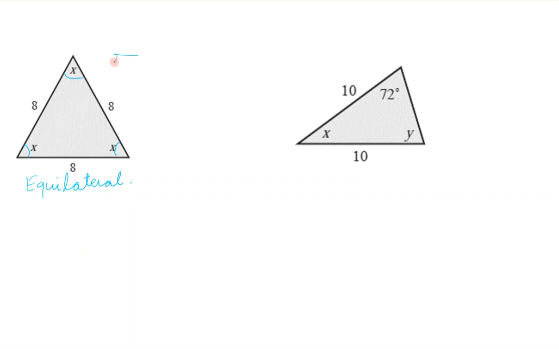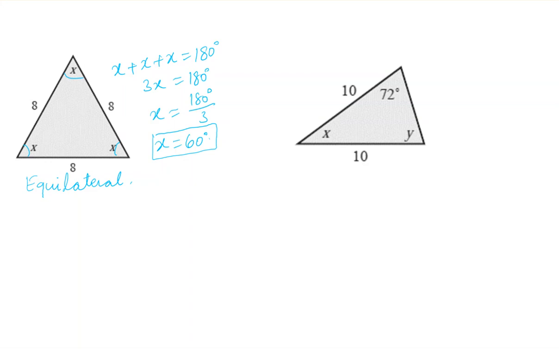So we get x plus x plus x is equal to 180 degrees, so 3x is equal to 180 degrees. Dividing both sides by 3, we get x equal to 60 degrees. So each angle is 60 degrees in this triangle.